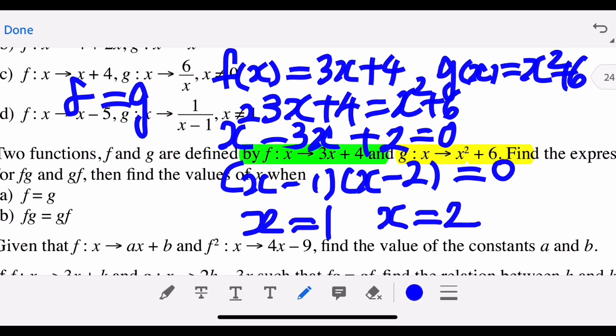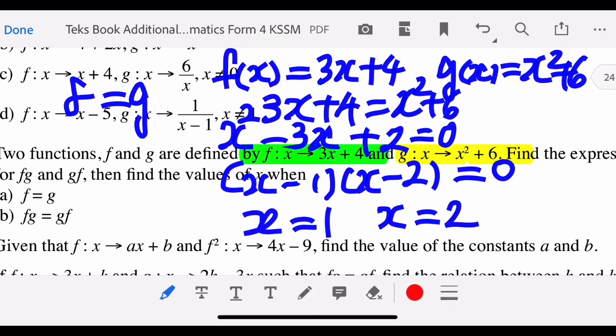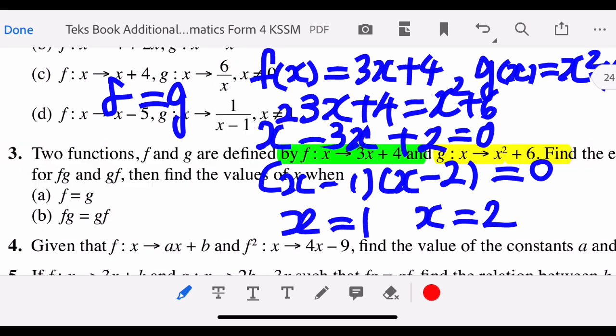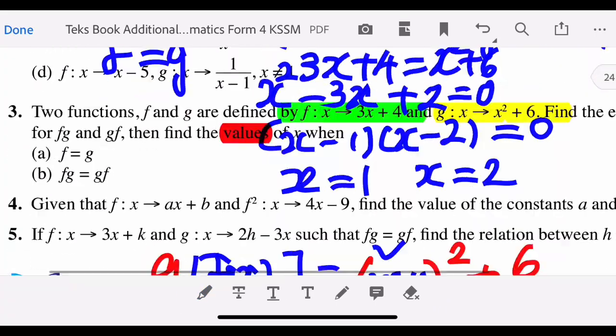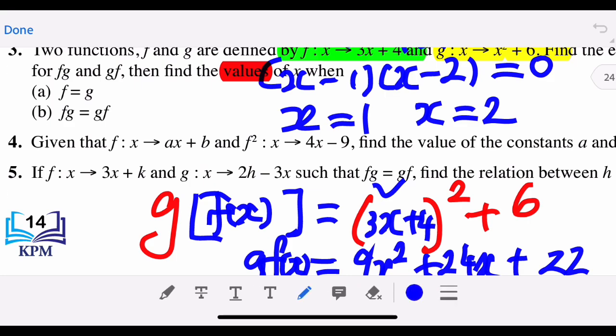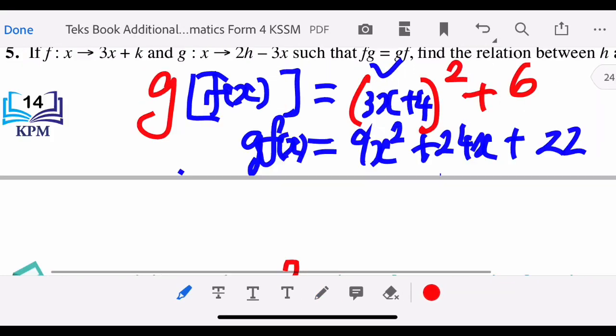So the value of x should be 1 and 2, because the question is asking you to find the values of x. We have two values. Okay, how about fg and gf? Where is our gf and where is our fg? Just now our gf is this one, right?